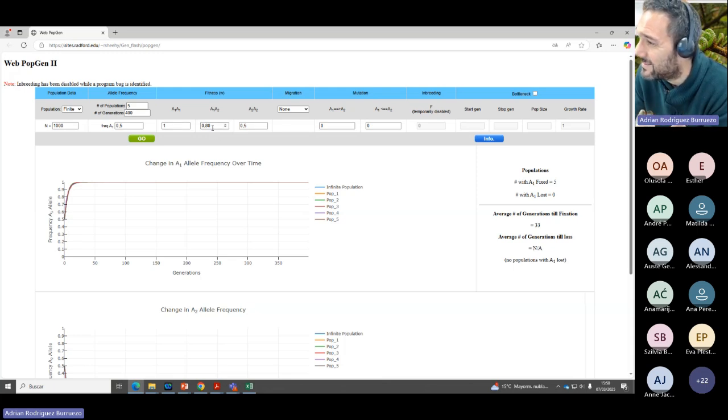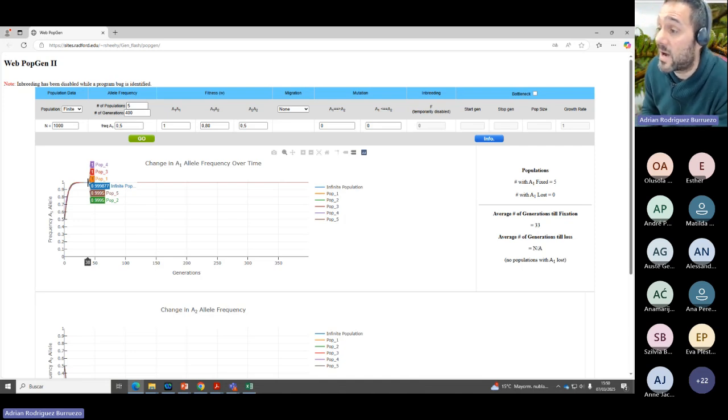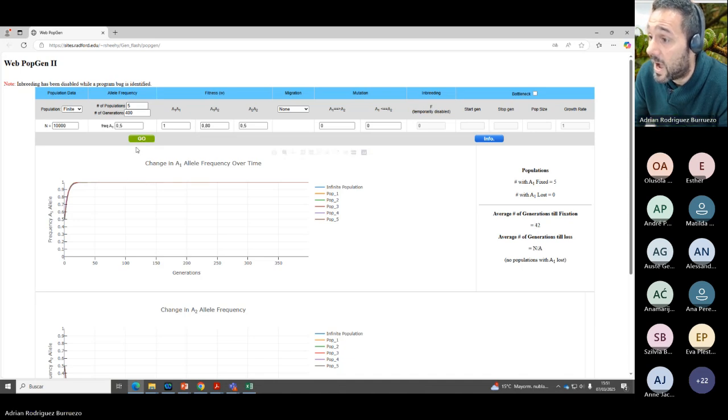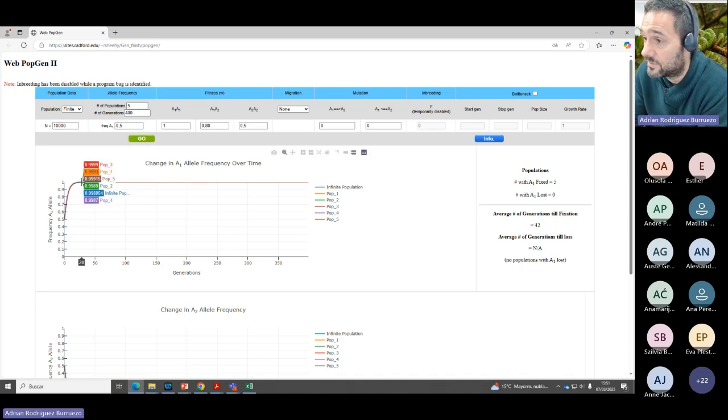Okay, but at the end, once A2 disappears, even A1A2 will disappear later, but they will disappear. And at the end, we will have only the A1 allele in the population. And if the population is larger, 10,000 individuals, the effect will be the same, but a bit less acute, okay?